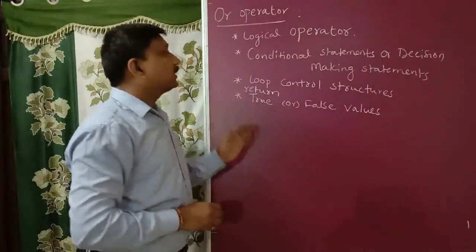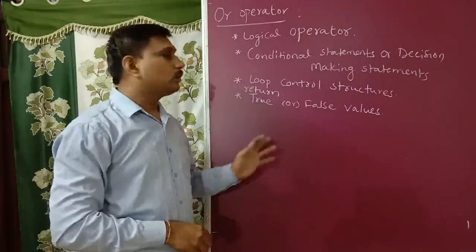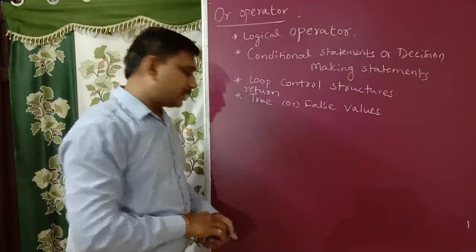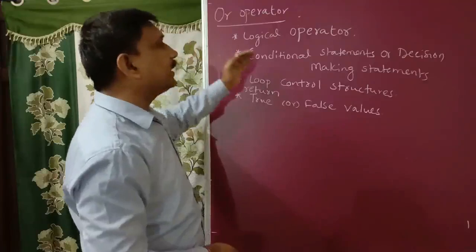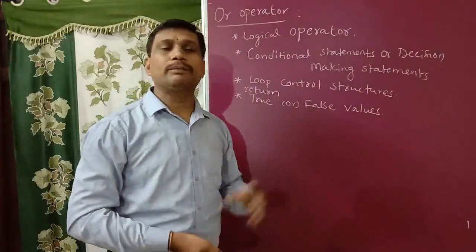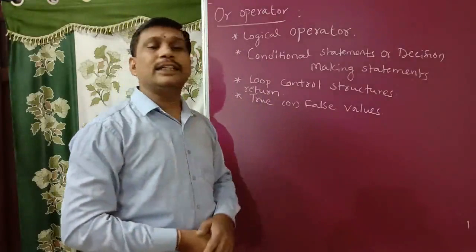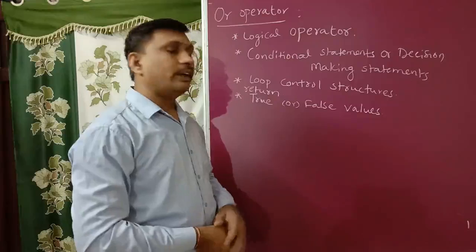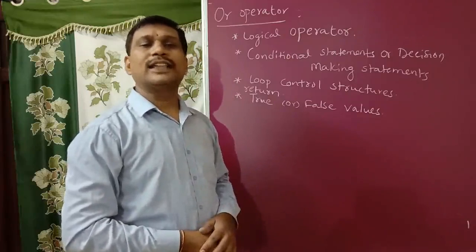So how they can be used in our Python programming, today we explain here. These logical operators are used in conditional statements, which are decision making statements. They return either true or false when used in conditions and loop control structures.